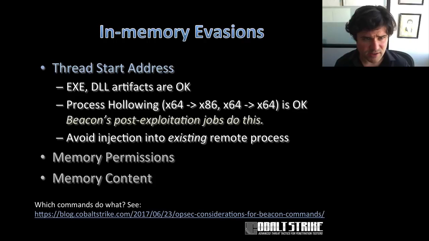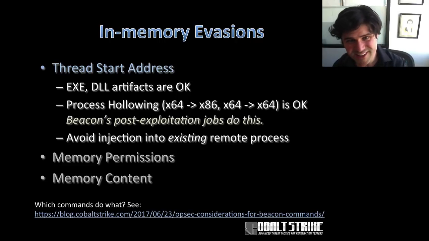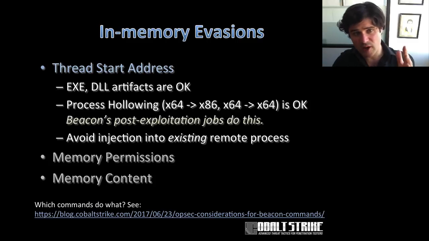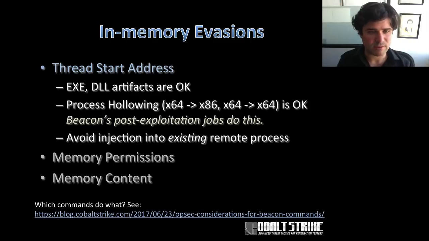For the thread start address, the executables and DLLs from Cobalt Strike, particularly stageless ones, are fine. I've scrubbed those for the things that those artifacts can control. For the post-exploitation jobs, the ones that spawn a temporary process, because that's come up a lot, right? Those post-exploitation jobs don't usually do remote process injection in a way that's dangerous here.